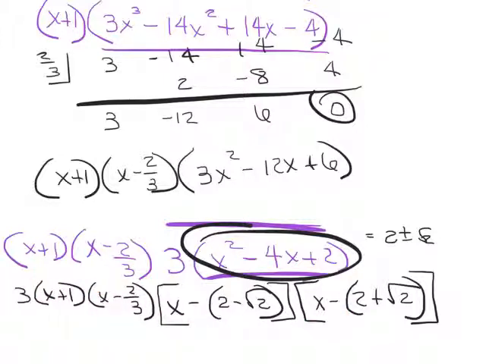We started out with an x to the 4th power, so we would expect to get 4 zeros. So again, my zeros are negative 1, positive 2/3, 2 minus the square root of 2, and 2 plus the square root of 2. These are my factors, and my roots are the single values that make each one of these equal to 0. Okay, so that's example 5.